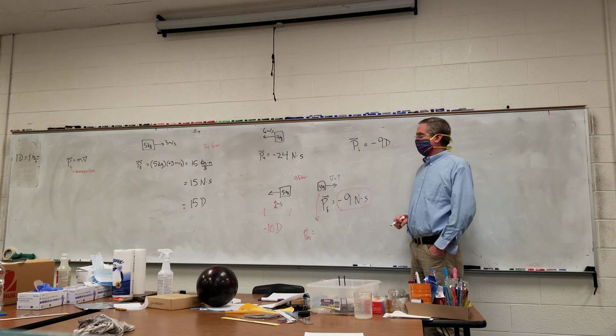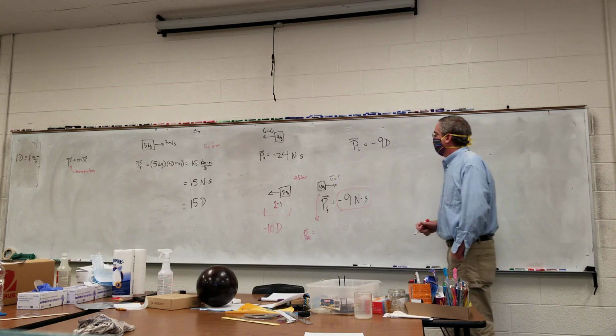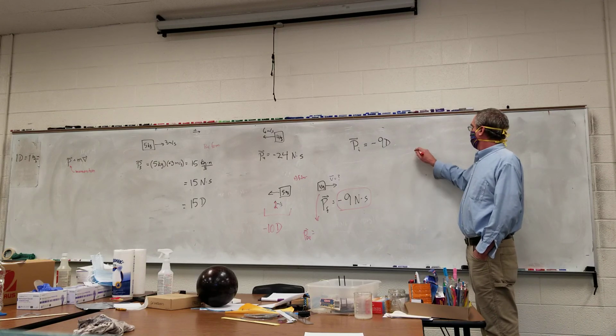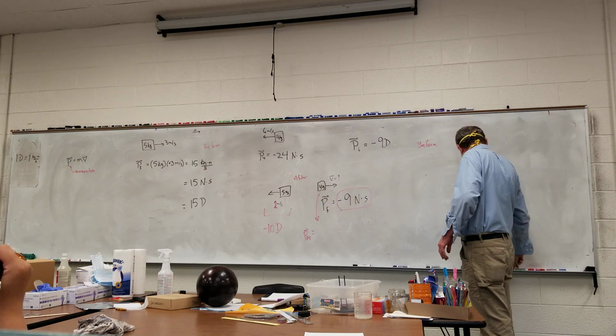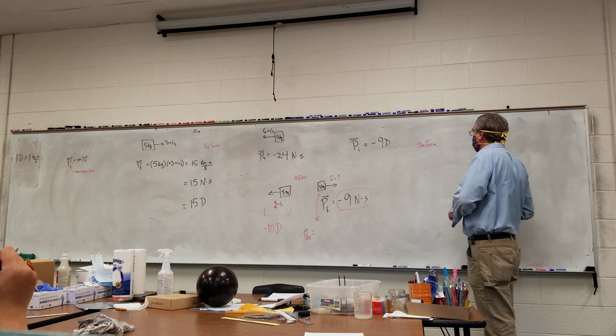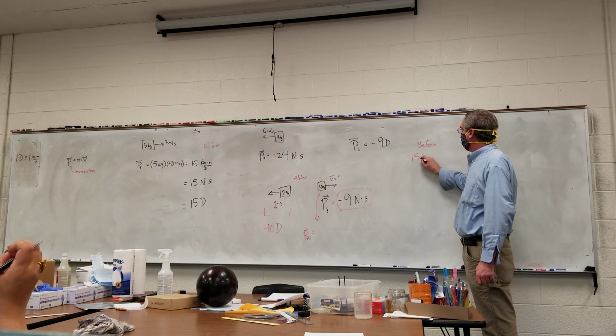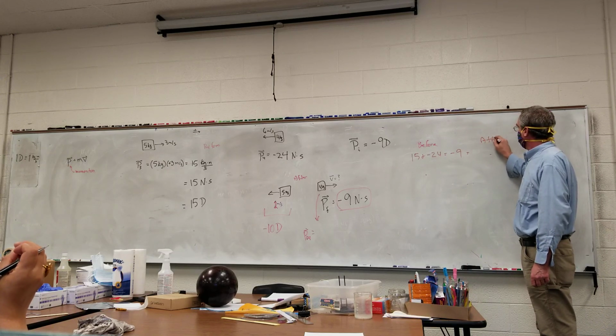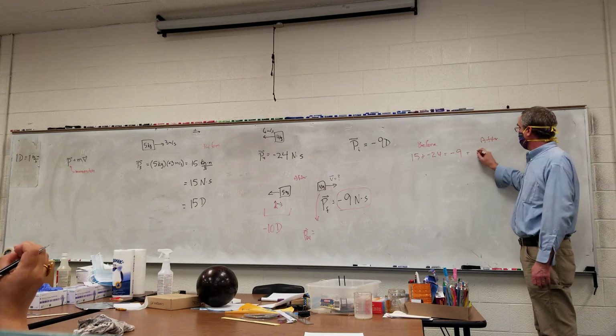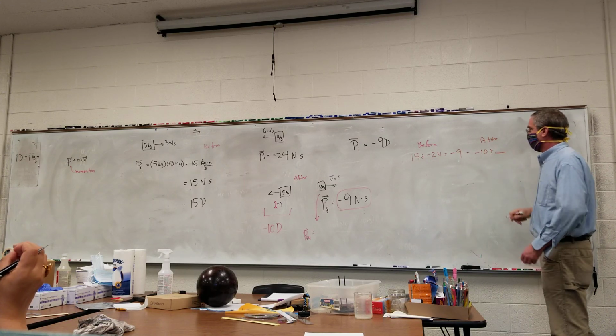No, it won't be 10. Let's think about what we did before. So before, we did 15 plus negative 24 gets you negative 9. And then after, again, that's my total. That's going to be negative 10 plus something.